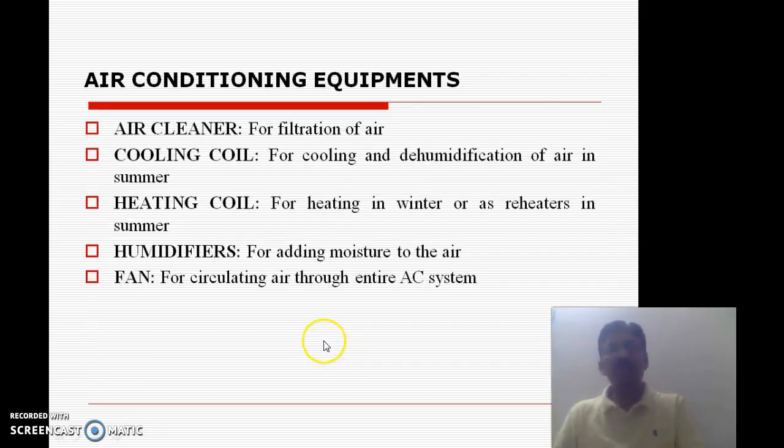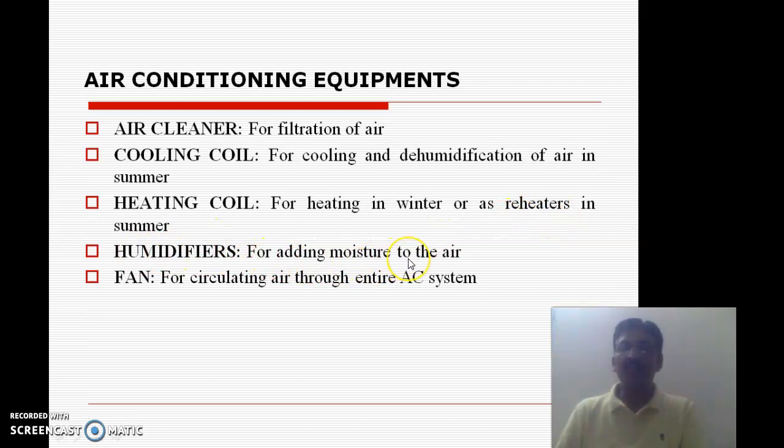So in this lecture we are going to study air conditioning equipments or air handling equipments. So in that we are using air cleaner, cooling coil, heating coil, humidifier and fan. So air cleaner is used for filtration of air, cooling coil for cooling and dehumidification of air in summer, heating coil for heating in winter or as a reheater in summer.